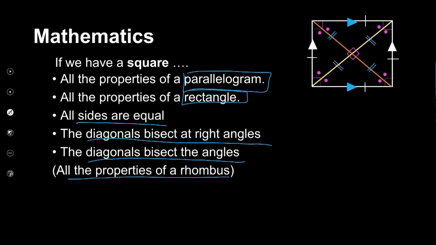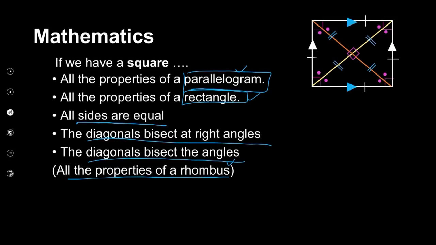So now this is a very interesting type of quadrilateral, because all three quadrilaterals that we've mentioned hold in a square. So a square can be a parallelogram, can be a rectangle, can also be a rhombus. But why do we call it a square then? And I'm conflicted now.